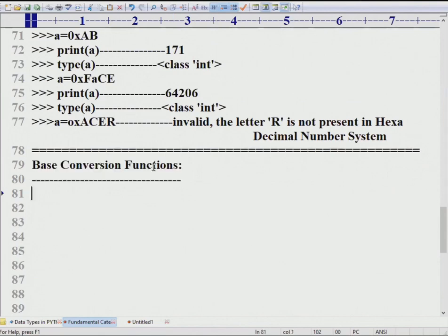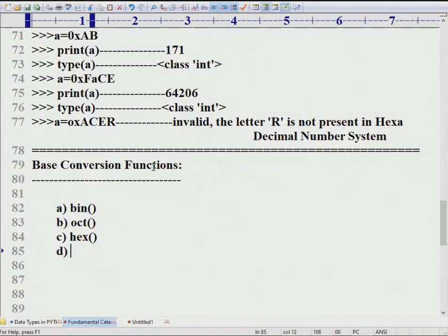How many functions do we have? Three functions. What are those? Bin, then oct, then hex. Don't write yet, first understand the topic. Do we have something like dec? No, we don't have that.